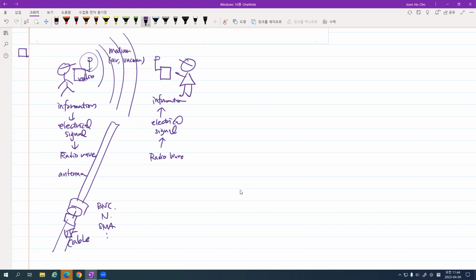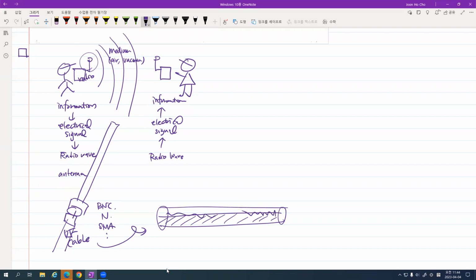And an RF cable can be understood as a pipe half filled with water, and you have some waves propagating through the pipe.